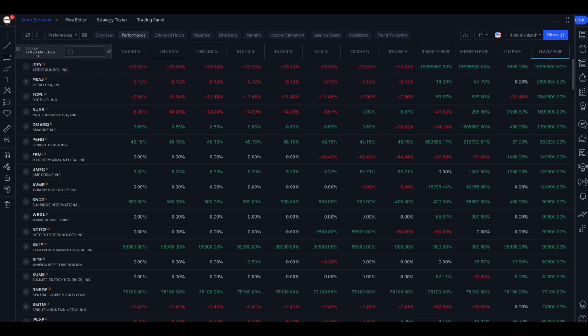We still have all those companies, but we just wanted to ensure that we are filtering by yearly performance because it is the beginning of the year. Don't filter with year to date because we've only had about 3 days of trading, so this information is going to be incorrect.